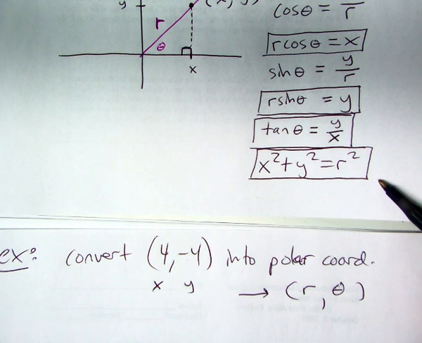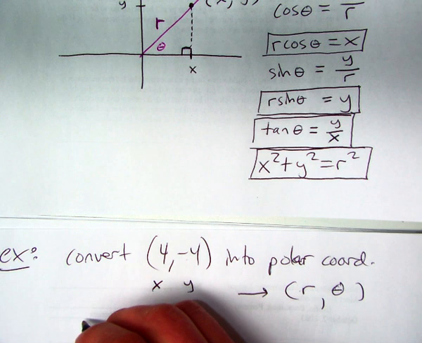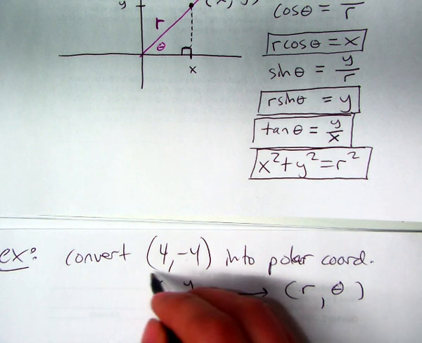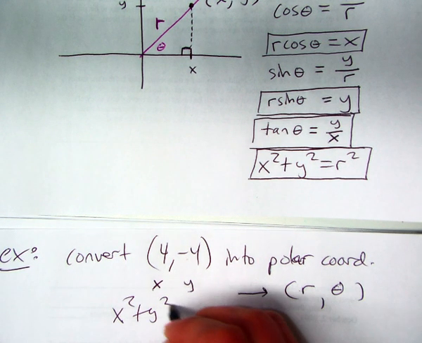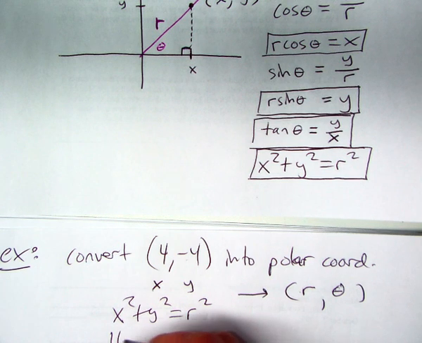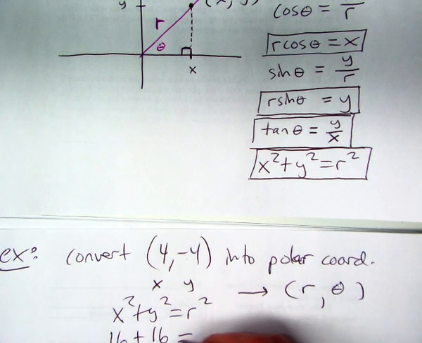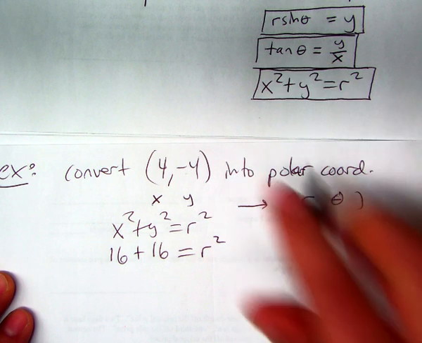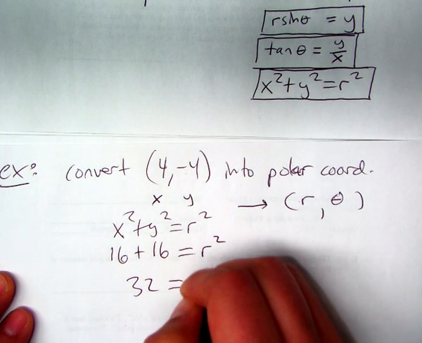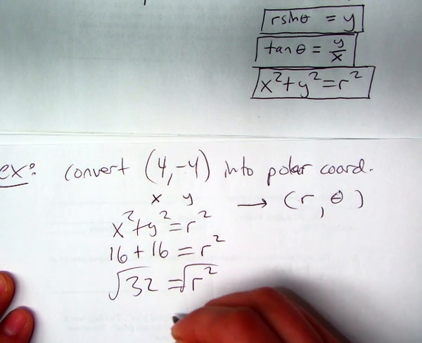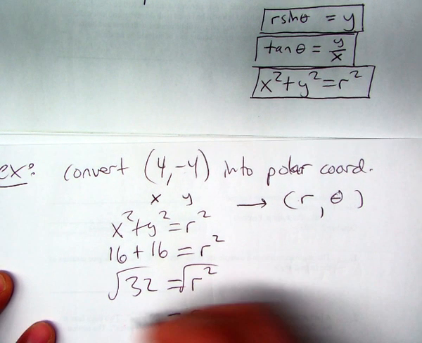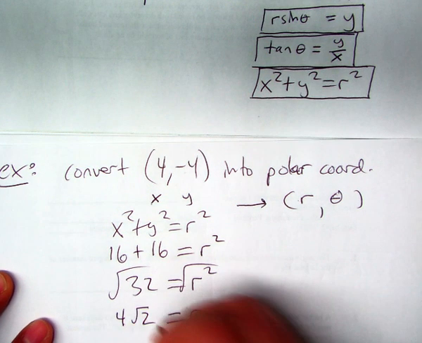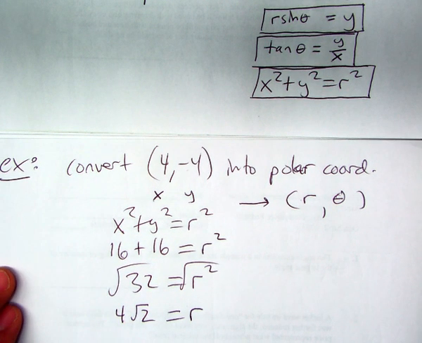So since x squared plus y squared equals r squared, when I plug that in, I get 16 plus 16 equals r squared. 32 equals r squared. Square root it. R is going to be 4 square root of 2. So far, so good? Okay.